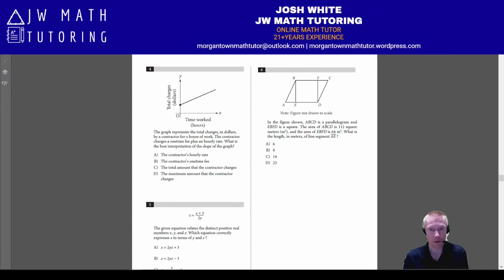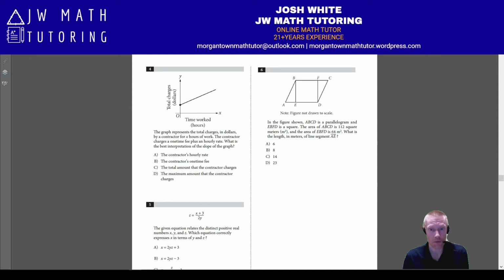Whenever you're looking at the slope of a linear equation or a line, that always represents the incremental change that occurs in the y variable based on a 1 unit change in the x. So in this case, x is the number of hours, and y is total charges, or dollars.